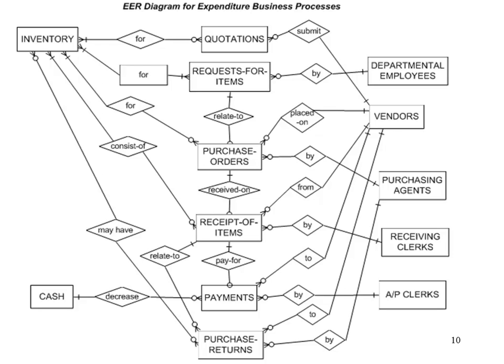So for each receipt of items, you have either 0 or 1 payment, right? And then for each payment, no, not at least. You have exactly 1 receipt, right?